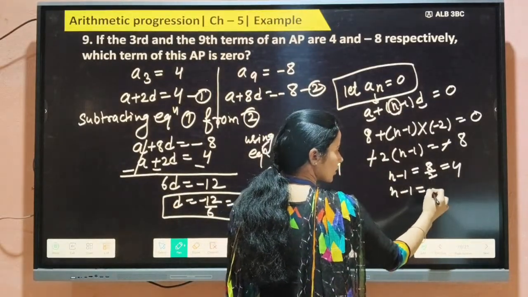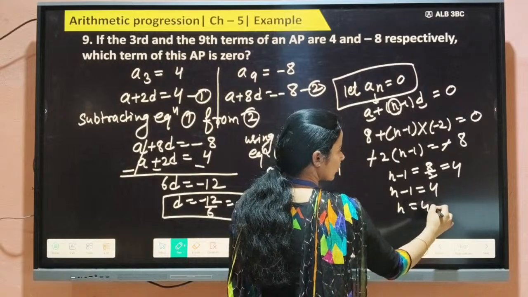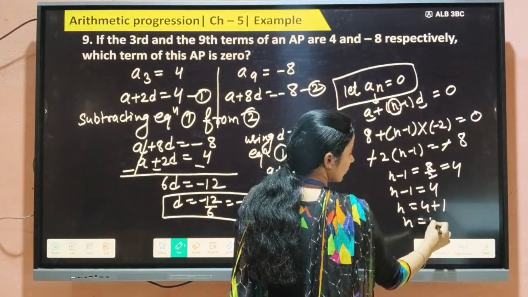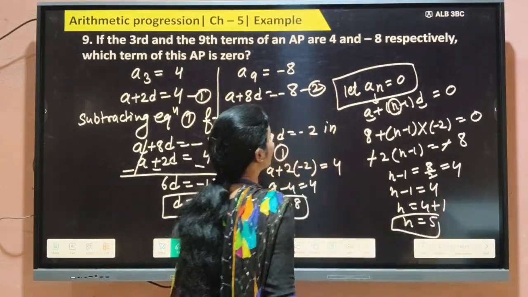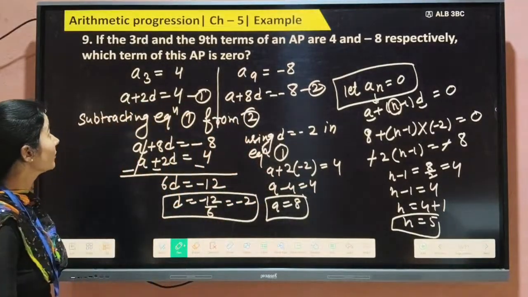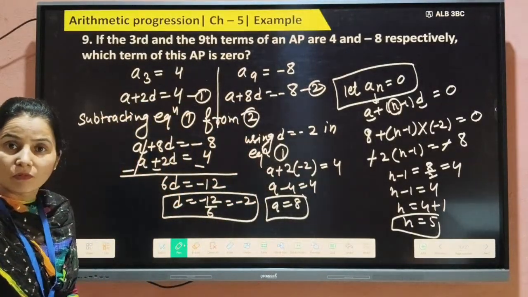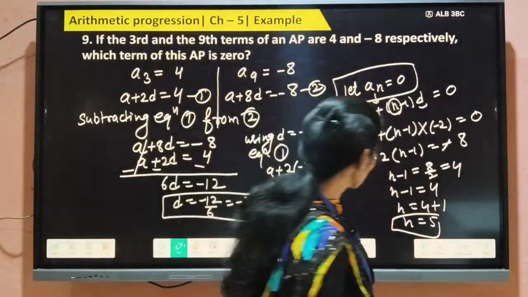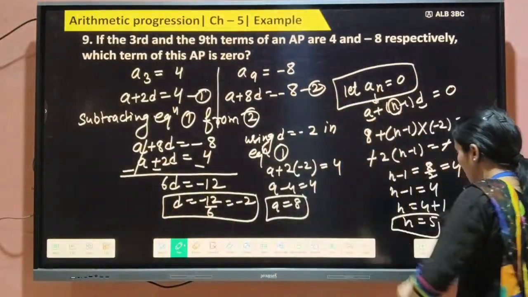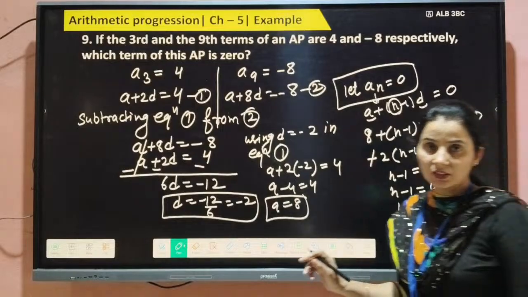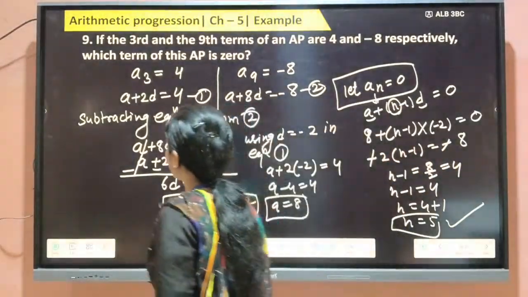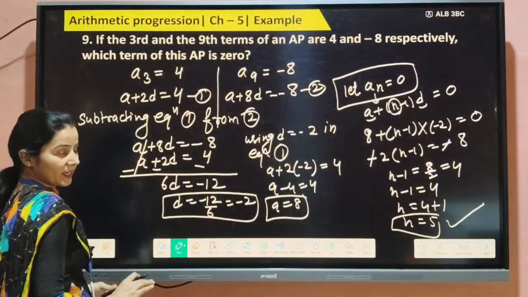N minus 1 is equals to 4, n equals to 4 plus 1, that is 5. So fifth term of this AP will be 0. Which term of this AP is 0? Fifth term of this AP is 0. Okay. Question number 9 is completed.